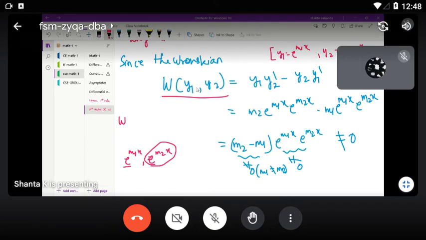This is one of the ways to check whether it's linearly independent or not. In the Wronskian, if you are using two quantities, it is y1, y2, and here we have y1 dashed, y2 dashed. This Wronskian is constant.